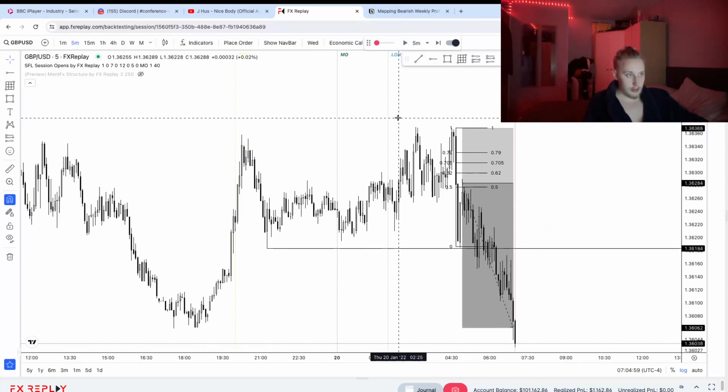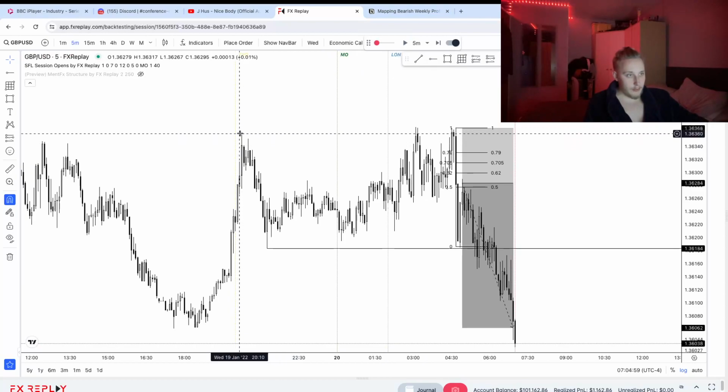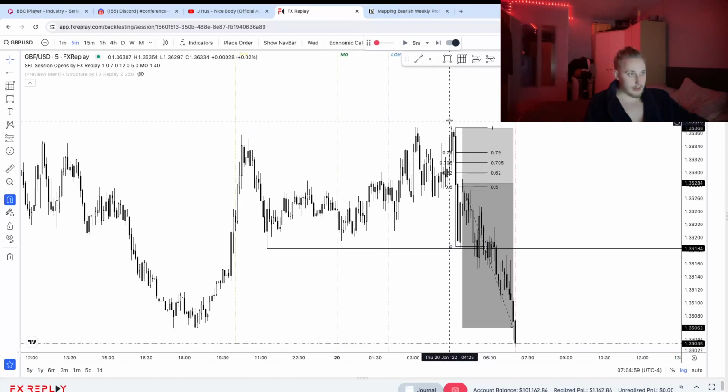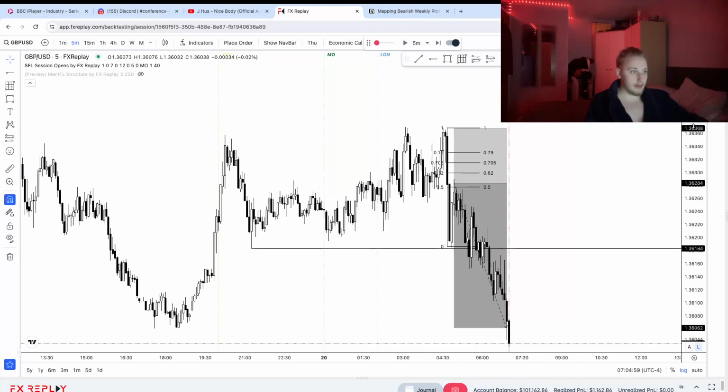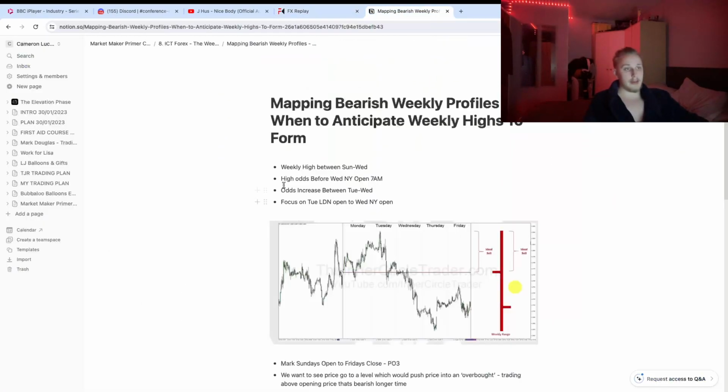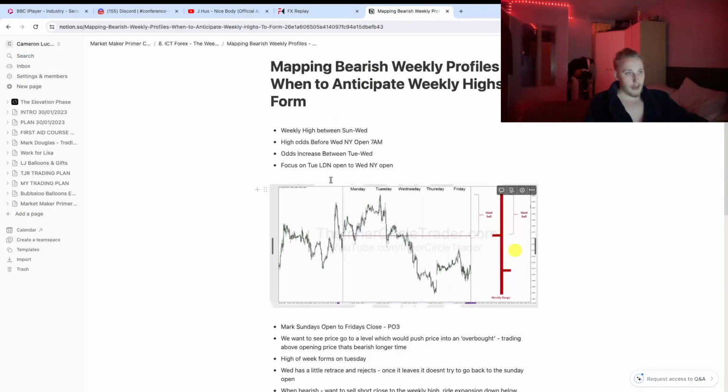But yeah, technically that's the high of the week, depending on what Friday does. But yeah, the high odds that it happens from Sunday to Wednesday, high odds that it happens before Wednesday, New York. Focus on London to Wednesday, New York Open.